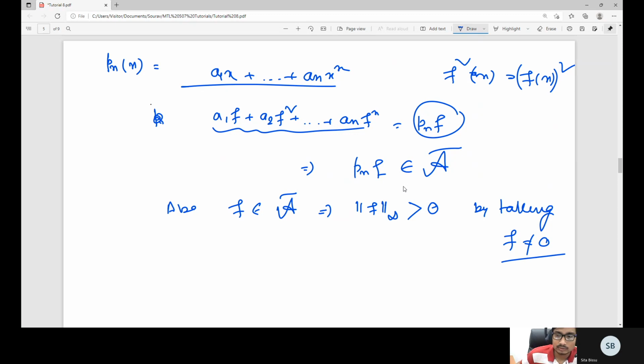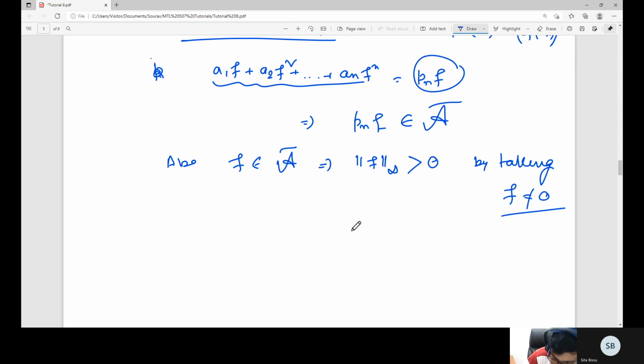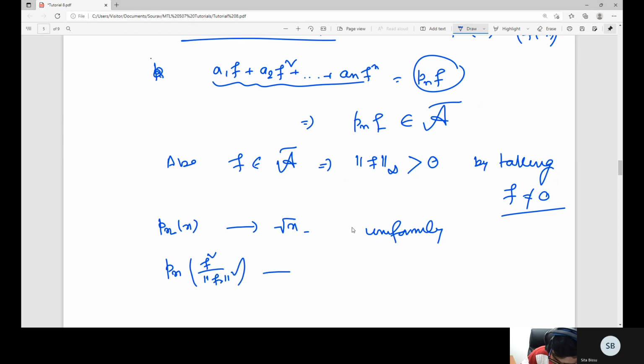Now you see P_n(x) converges uniformly to root x. Can we say P_n(f^2 / norm f infinity^2) converges to mod f by norm f? Because it is just the positive root of this one.